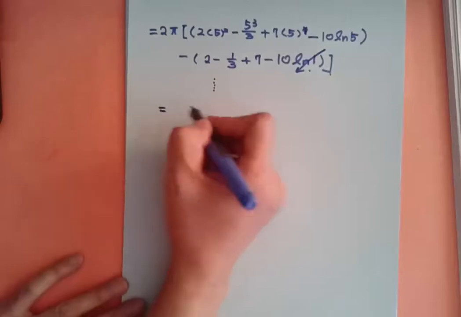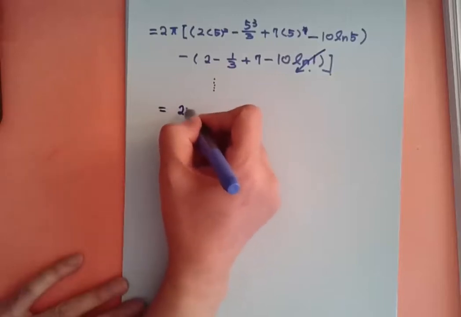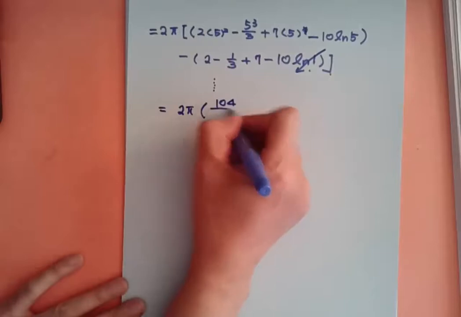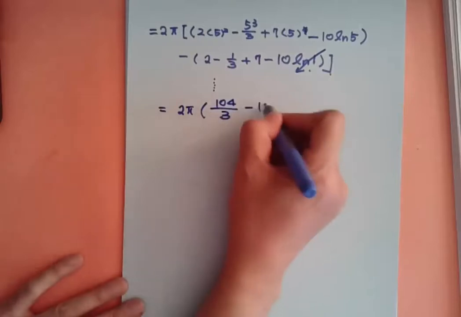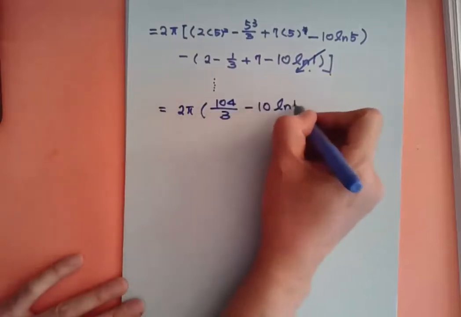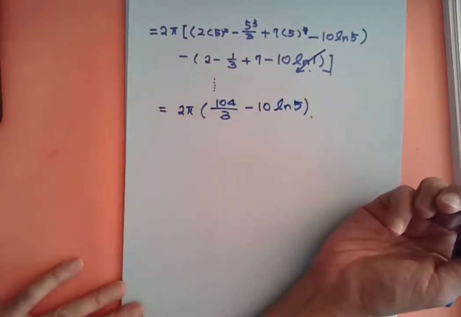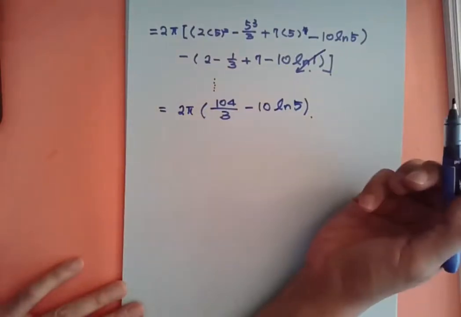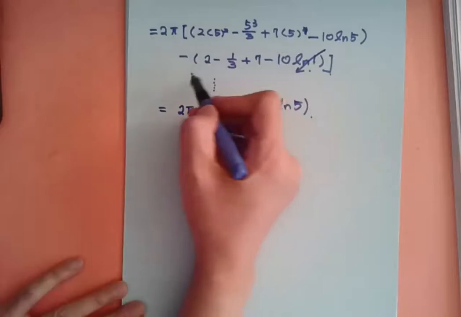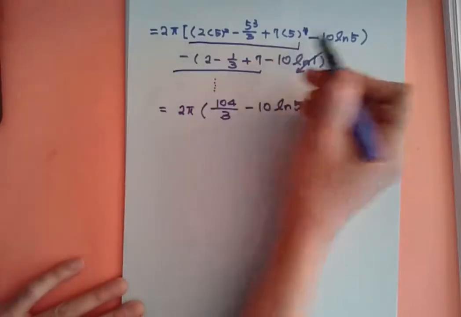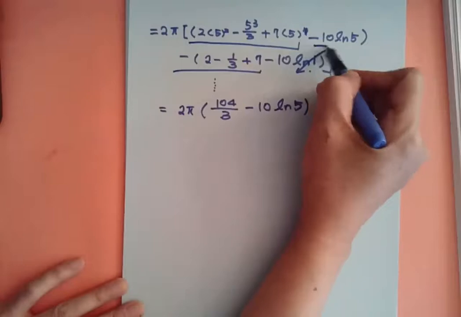And then we finally get 2 pi times 104 over 3 minus 10 natural log of 5. So you have to calculate this part with this part, and this cannot be combined.